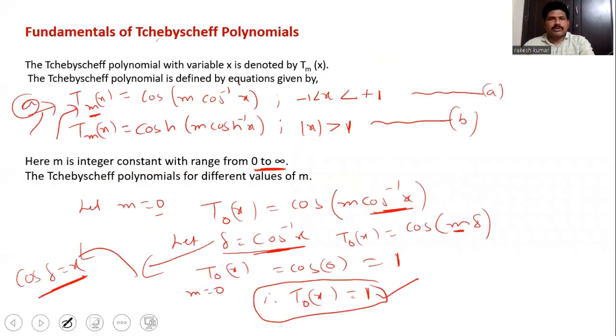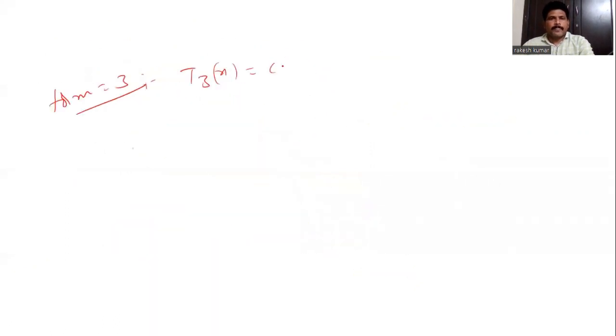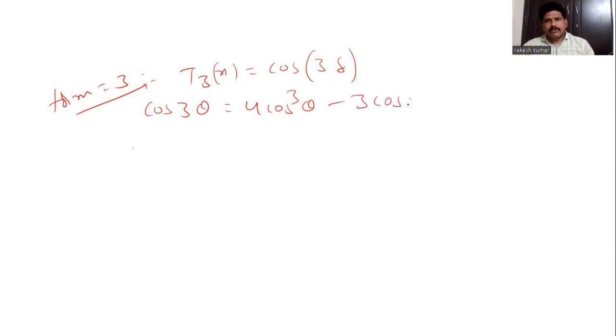Similarly, for m is equal to 3, what is the expression? T3 of x is equal to cos 3 delta. Do you know the formula for cos 3 theta? Cos 3 theta is equal to 4 cos cube theta minus 3 cos theta. This is the formula.